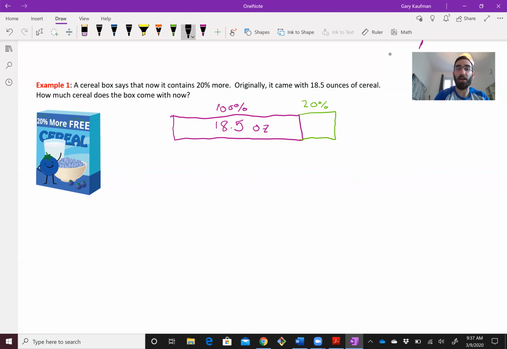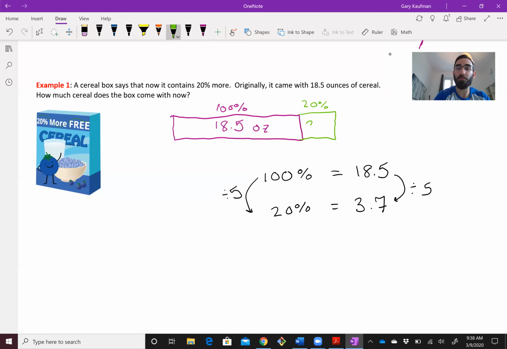We could say that since 100% is equivalent to 18.5, I need to get to 20%, which is dividing by 5. Therefore, I divide this side by 5 as well. And when I do that, I get 3.7. So therefore, 20% is 3.7.